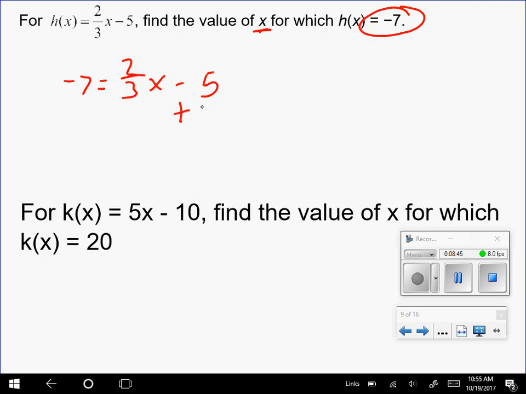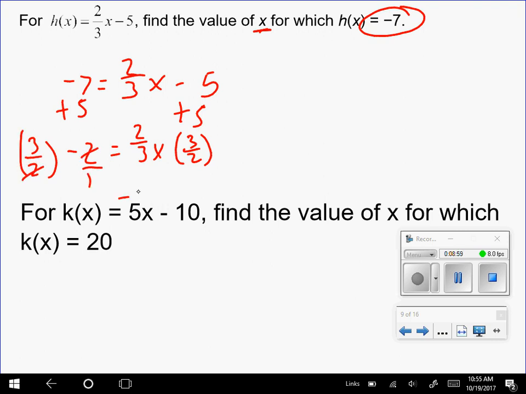I'm going to add 5 to both sides. We get -2 equals 2/3 x. And then we have to multiply by our reciprocal here. So in this case, these will cancel and I'll get -3 equals x. And you could check that. See if this would work if you plugged in -3 here. Well, you would get -2 minus 5, which would be -7. So that would be our x value there.